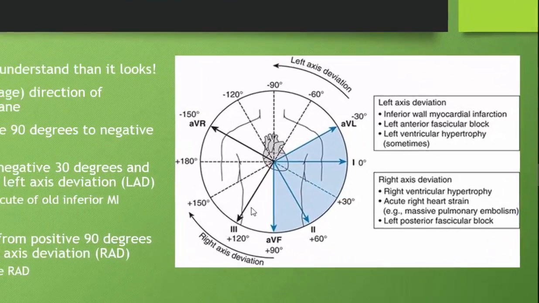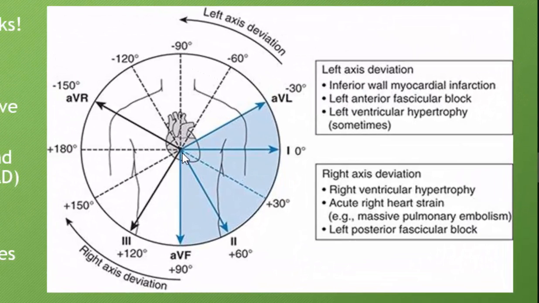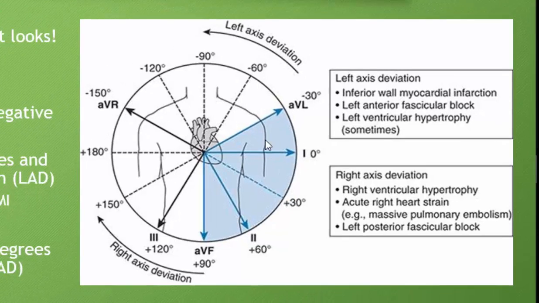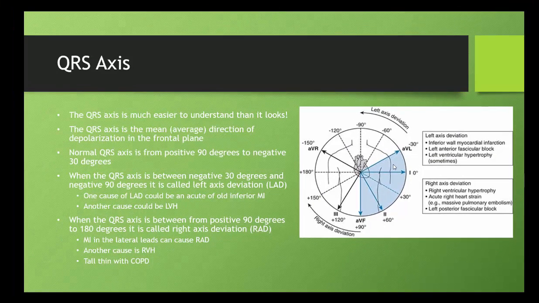If you look at this picture, a normal QRS axis will be between aVF and all the way up to aVL, which is negative 30 degrees. So you hope to find the QRS axis somewhere in this shaded blue area. When the QRS axis is between negative 30 degrees and negative 90 degrees, it is called left axis deviation, or LAD. One cause of LAD could be an acute or old inferior MI.